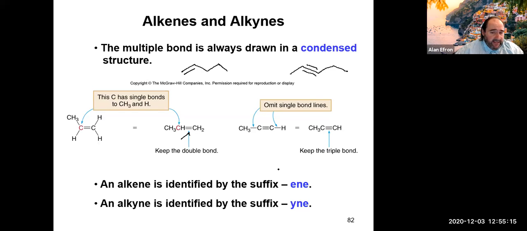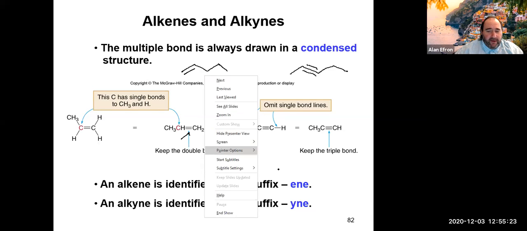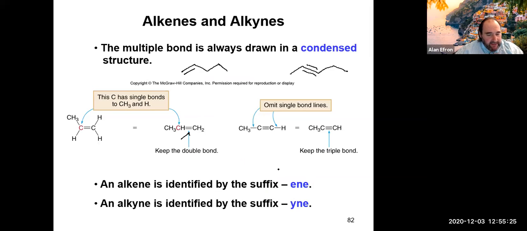So to give you an idea in terms of naming, we'll name the 2 that I just kind of drew really quickly there. We would want to follow the same approach as what we did with alkanes. We want the longest continuous carbon chain. The difference is here, it does need to contain the double bond or the triple bond in this case.